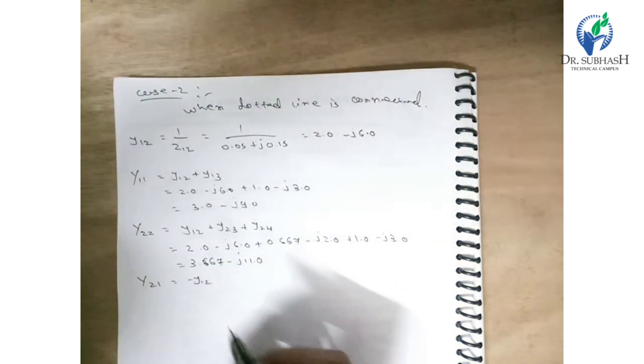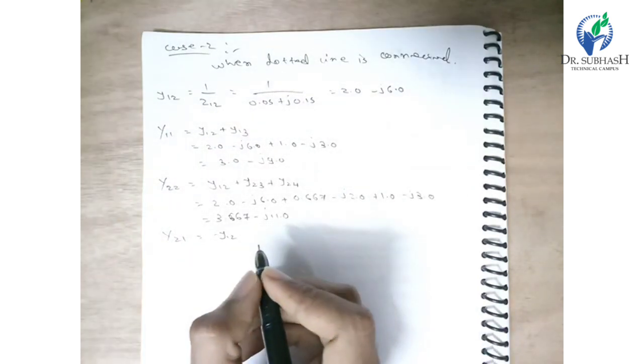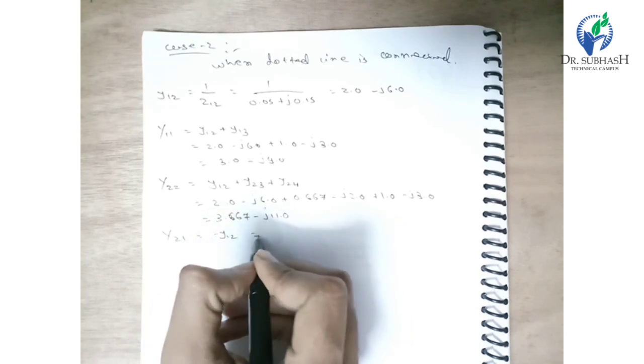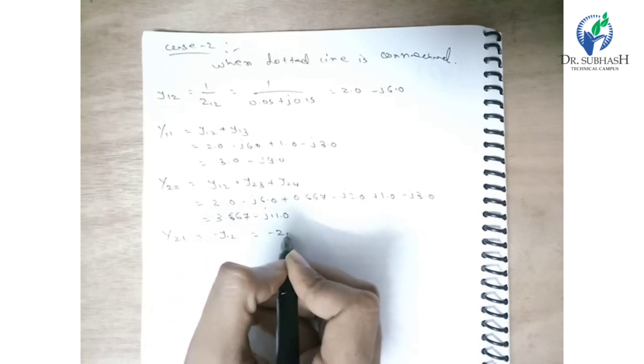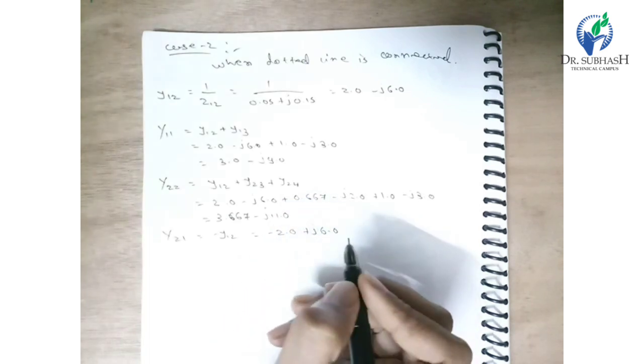y21. So y21 is equal to minus small y12. The output of this is minus 2.0 plus j into 6.0.